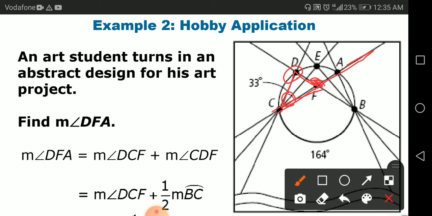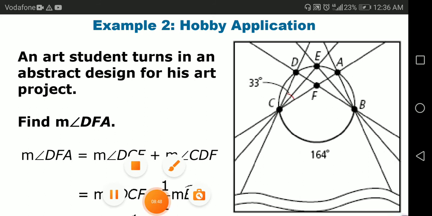So this angle equals angle DCF and angle CDF, both angles of this triangle. So this is the external; the external equals the two remote. External angle equals angle 1 plus angle 2.